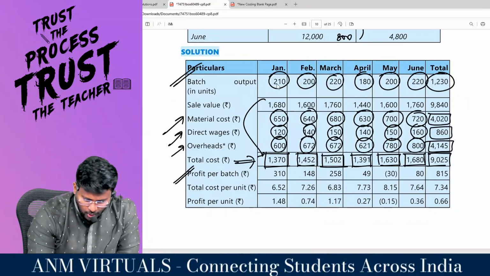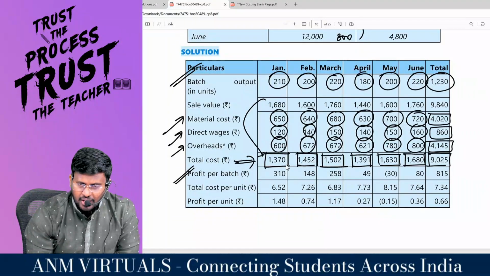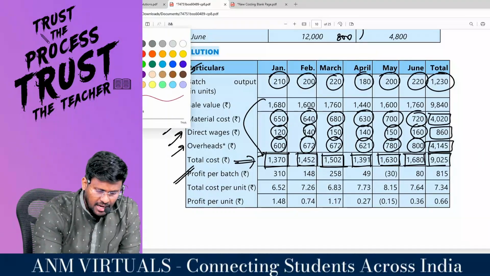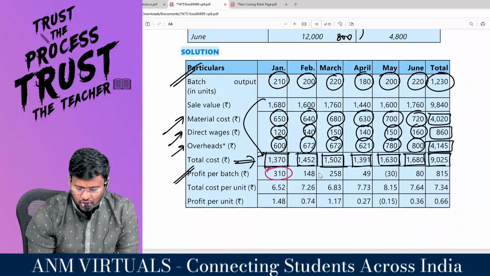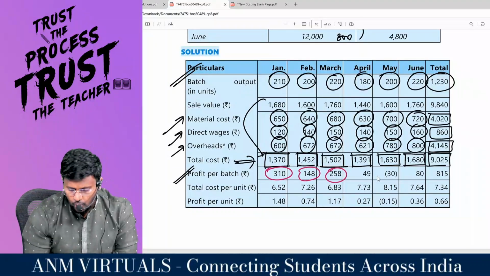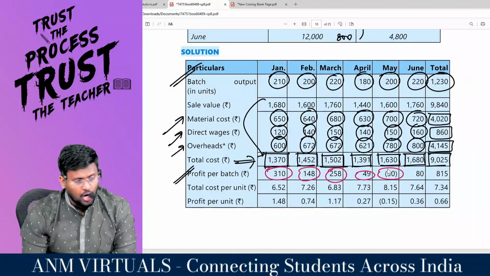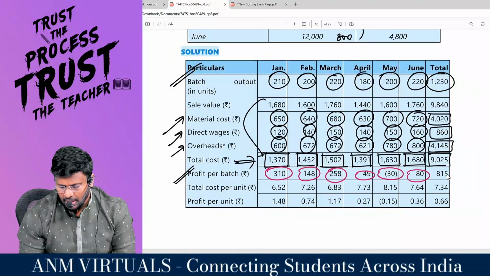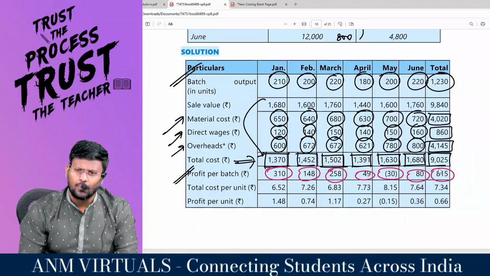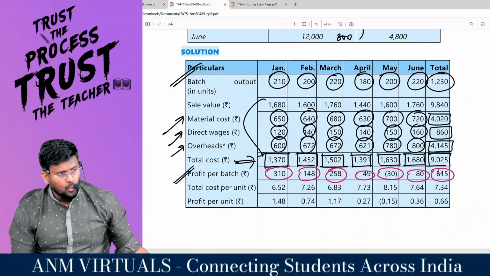So from the total sales value, if I reduce the total cost, I will get a profit per batch of 310, 148, 258, 49. Oh my God, there is a loss of 30, then 80, and total profit of 815.